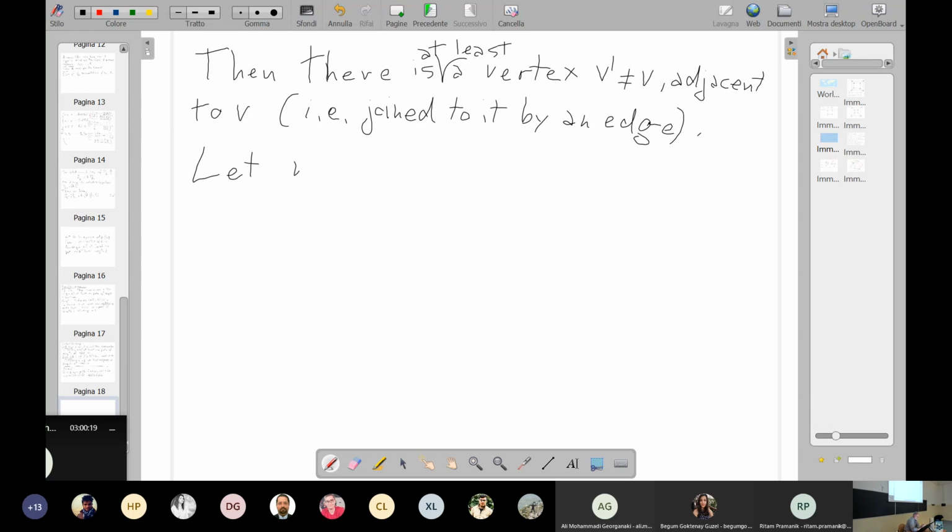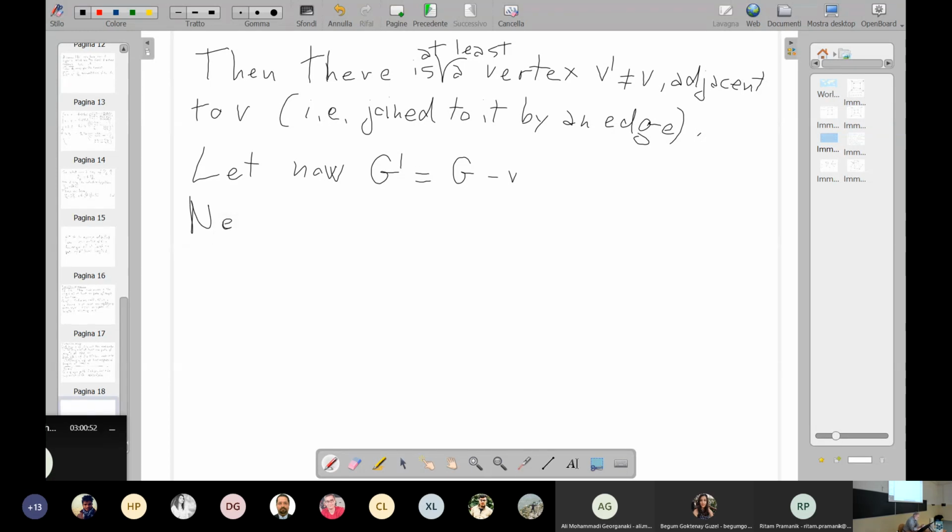Let now G prime be G minus V. Do you remember what this means? It means that we take away V and all the edges having V as an end. Okay? Let now G prime equal G minus V. What can we say about G prime?